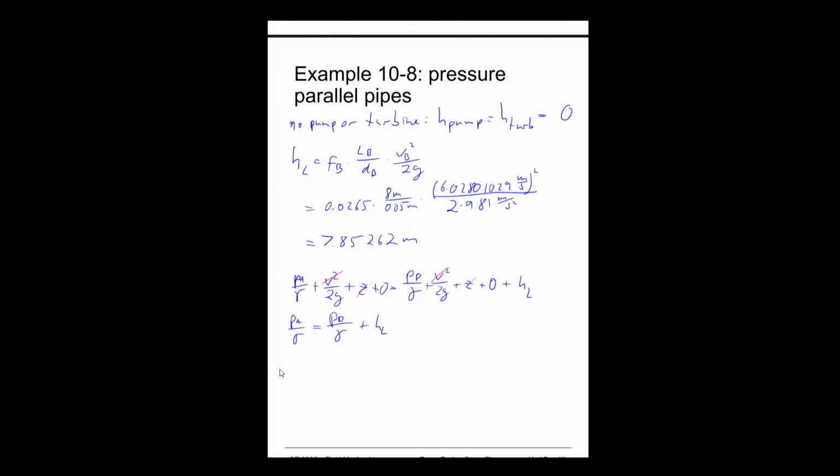Now if we bring the PD over, then we can say PA minus PD divided by gamma is HL. That means PA minus PD is equal to gamma times HL. We don't know gamma, but we know rho, so rho times G times HL.